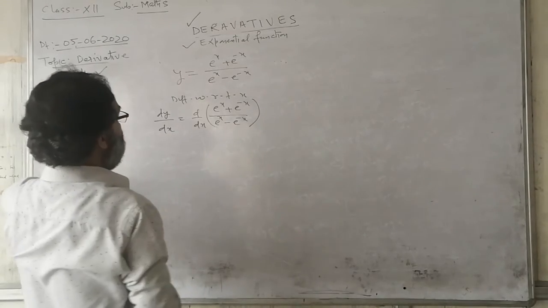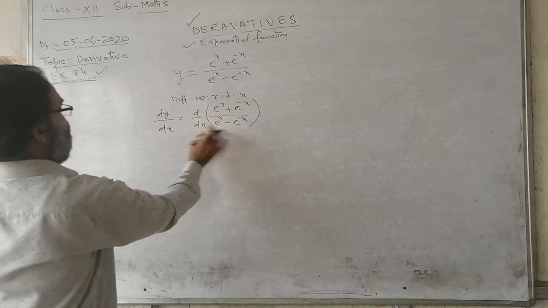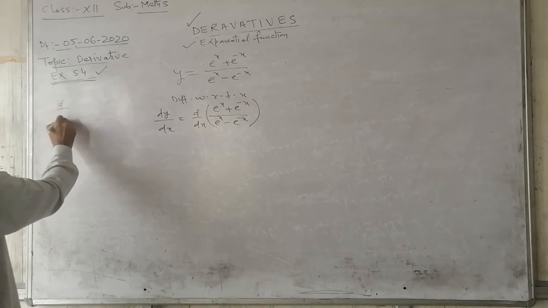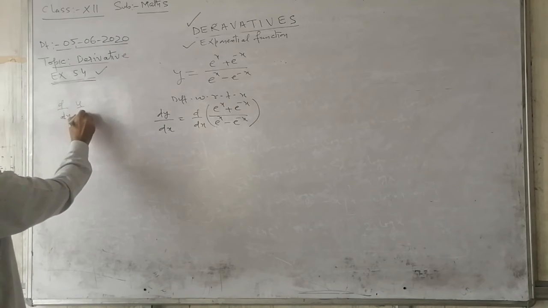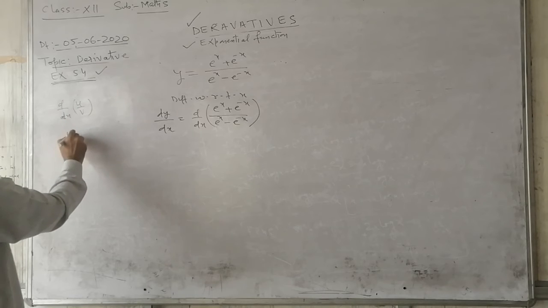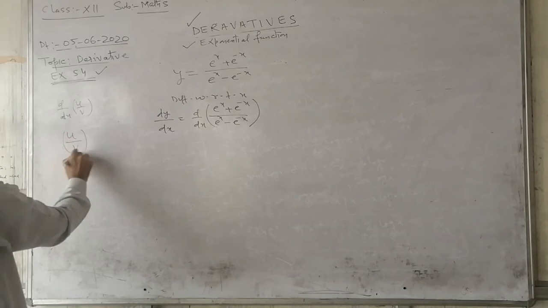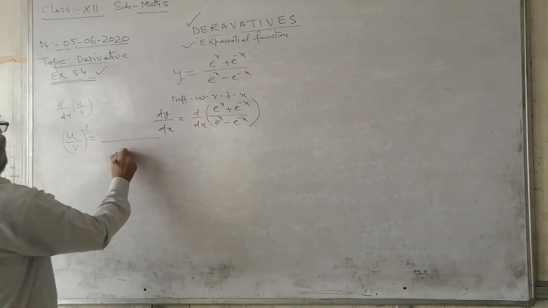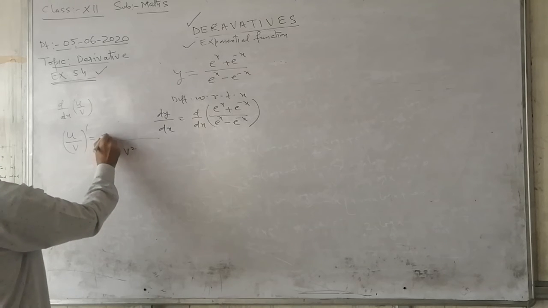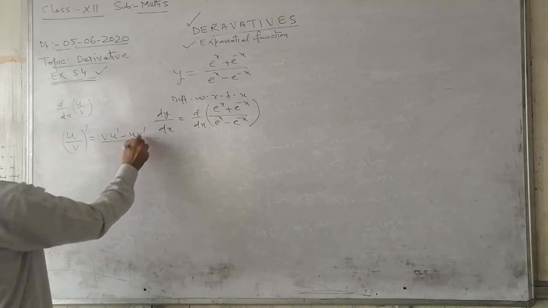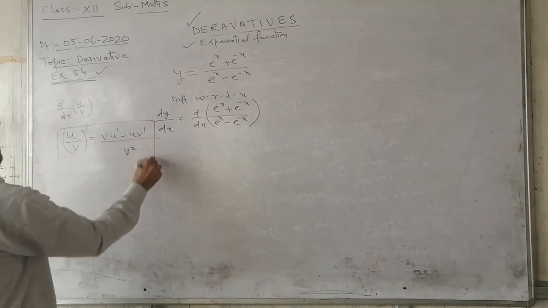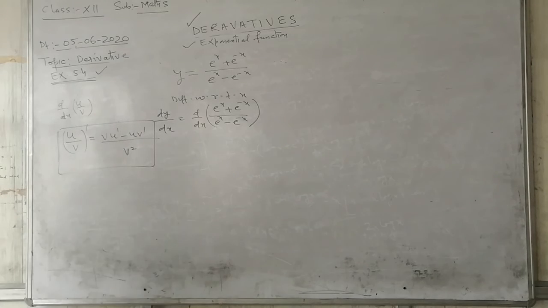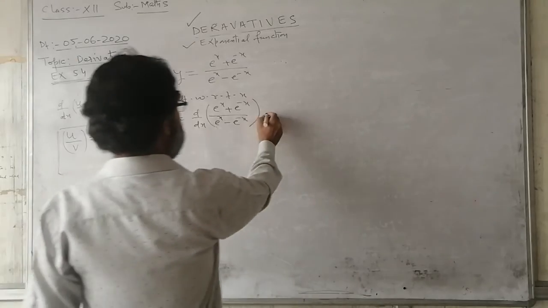Again the formula used here will be d/dx of u/v, the derivative of u upon v. So this is the formula. This was used in the previous question also, and here the same formula is to be used.